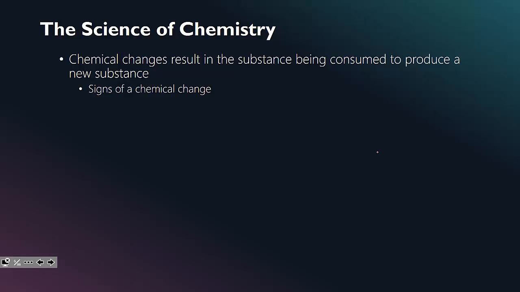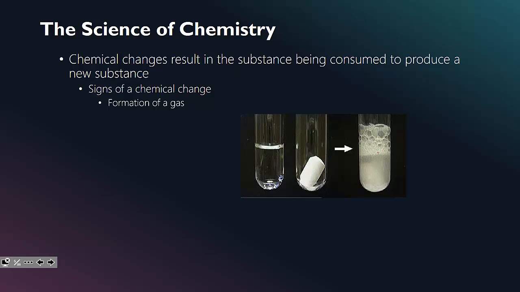Now, when you observe a chemical reaction, you may notice some signs of a chemical reaction. So if you mix two objects together and they start to bubble or form an odor, that is a sign of a chemical reaction, or a clue that a chemical reaction might be occurring. So the formation of a gas is a sign of a chemical reaction.